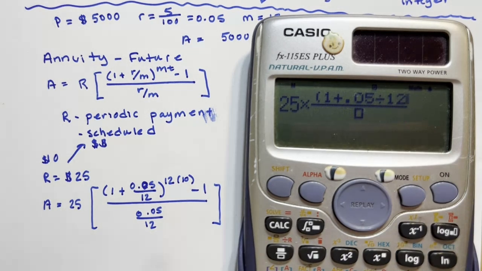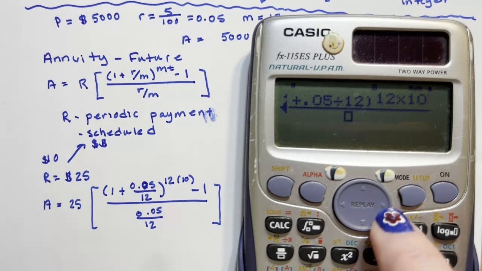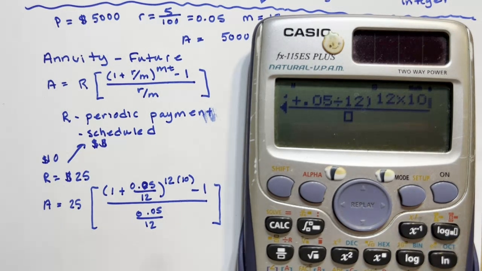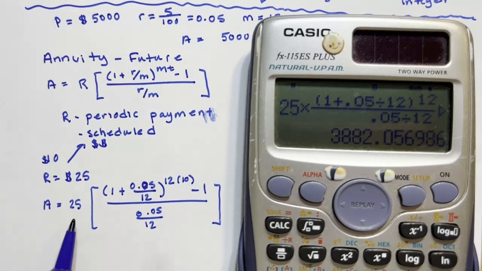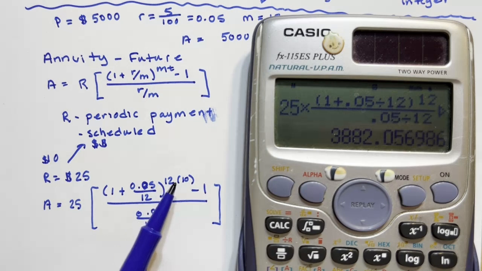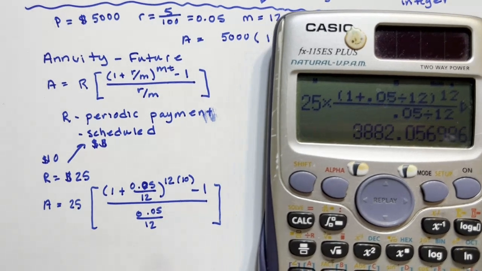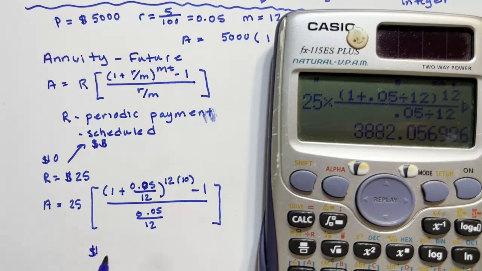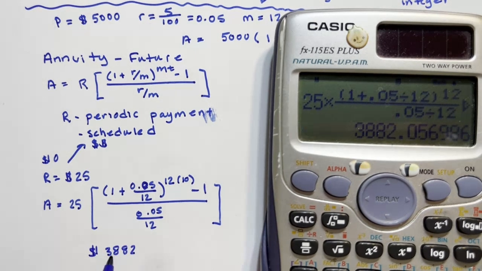And notice I don't do the fraction again, too many symbols in there. I pop up to the exponent, 12 times 10, arrow out to get out of my exponent, minus 1, drop down, 0.05 divided by 12, equals. There we go. So if you put $25 away monthly for 10 years, at the end of 10 years in your bank account, you have $3,882.06.